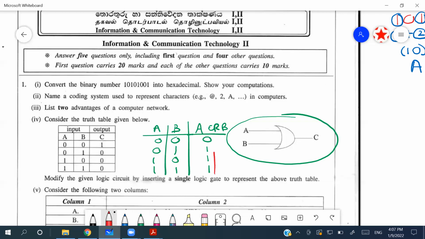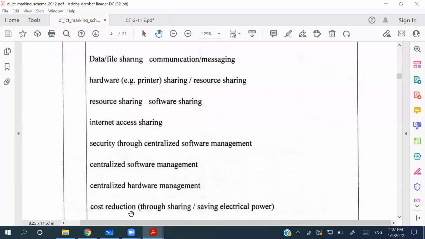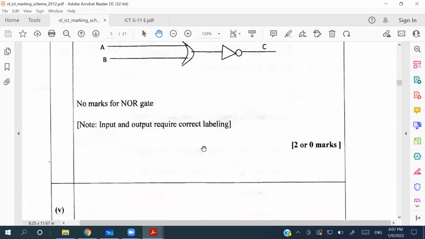If you look closely, if we invert this output, we get the required table. How to invert? We can create a NOT gate in front of this. So the answer is going to be a NOT gate.